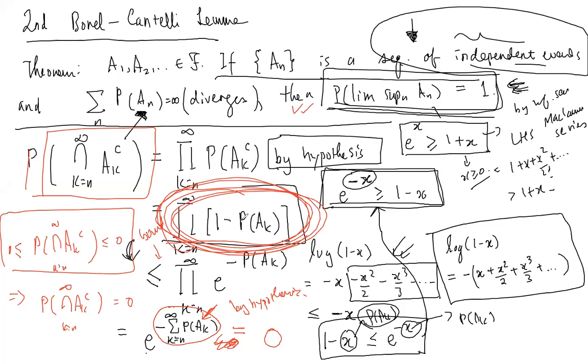But you could use some bound, and then combine it with the hypothesis to lead to this result, okay? So this completes the proof for the second Borel-Cantelli lemma. The proof is shown here because it is very instructive in teaching you how to think about reading and constructing this kind of arguments, yeah.